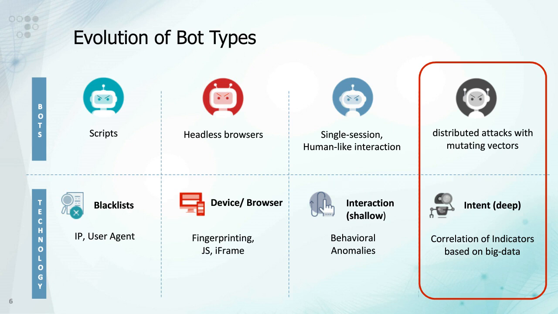So detecting these bots based on just shallow interaction characteristics will result in a high number of false positives, and the challenge that businesses are facing is to detect the most sophisticated bots with high accuracy, and that enforces very large data of bot behaviors and patterns and fingerprints and threat intelligence that can make that correlation between this single interaction attempt or deception attempt to multiple events over time.